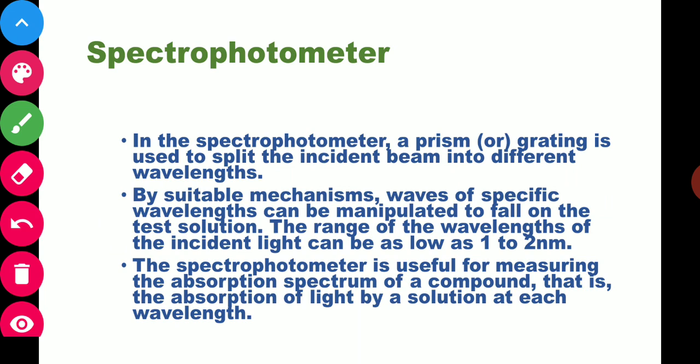By suitable mechanisms, waves of specific wavelengths can be made to fall on the test solution. The range of wavelengths of the incident light can be as narrow as 1 to 2 nanometers. The spectrophotometer is useful for measuring the absorption spectrum of a compound, that is, the absorption of light by a solution at each wavelength.